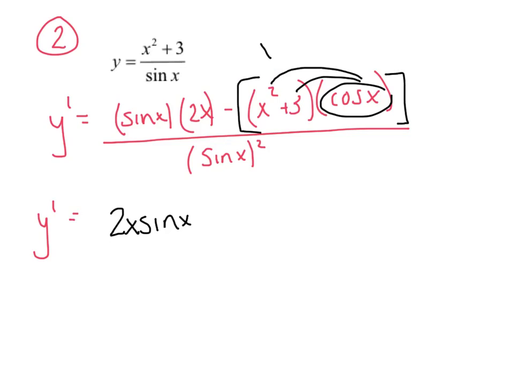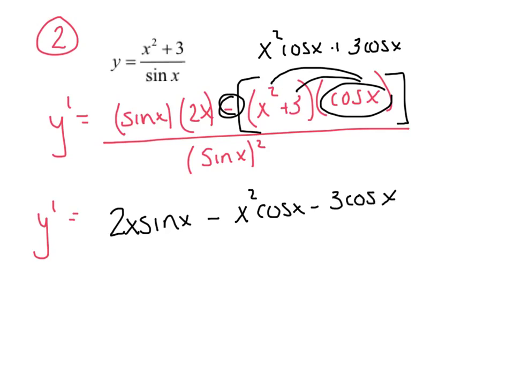So I'm going to get x squared cos x plus 3 cos x. And then I'm going to put that negative through. So minus x squared cos x minus 3 cos x. And what I was saying before is, watch where that squared goes. When you square a trig function, it always goes after the trig function. So sine squared x.